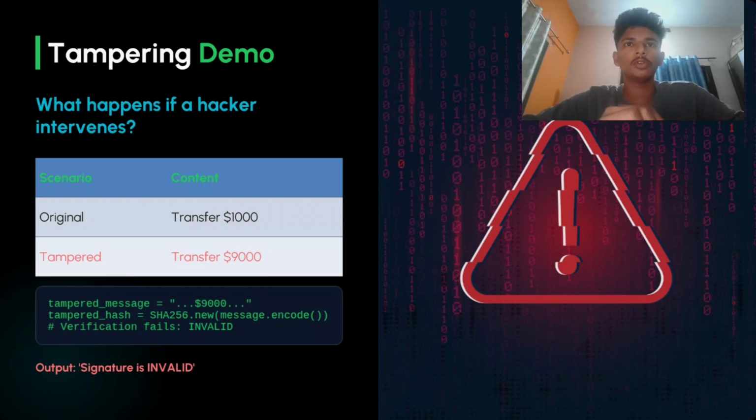When we attempt to verify the signature using the tampered message, it shows the computed hash does not match the original signed hash. The verification fails and the output clearly shows the signature is invalid. This proves that RSA digital signatures are highly sensitive to changes and can effectively detect tampering.